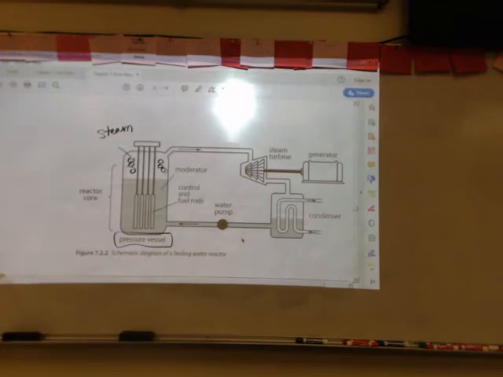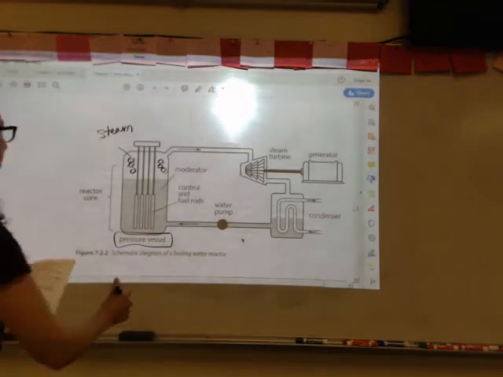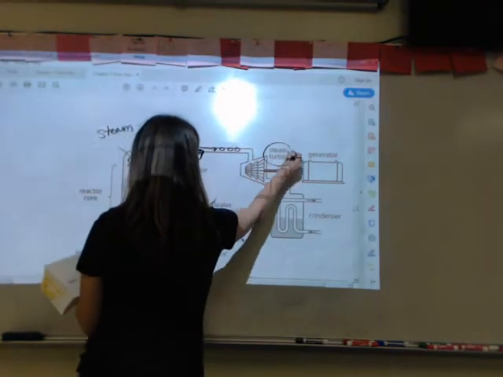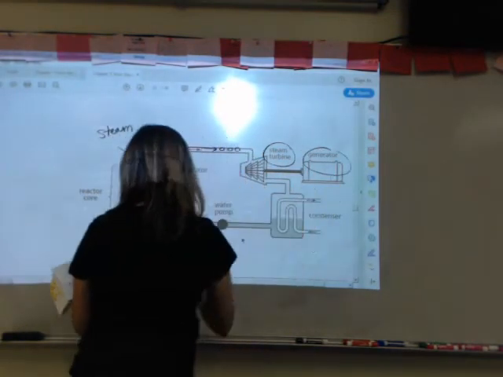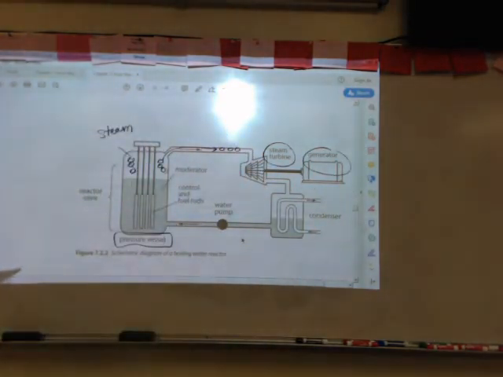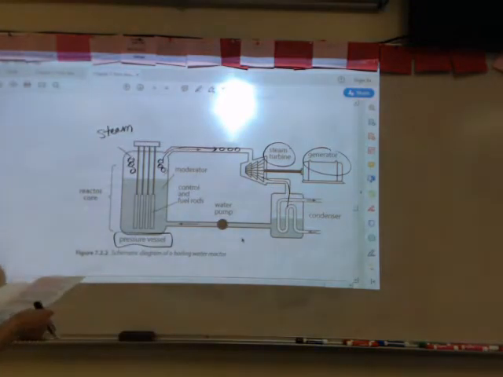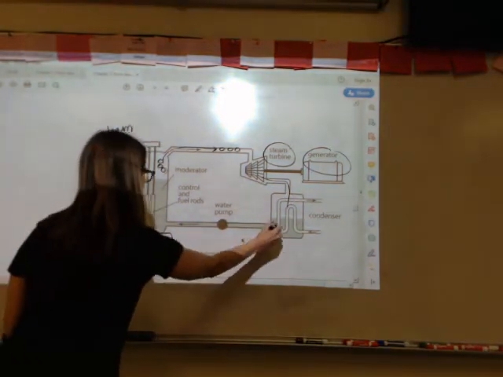And the steam is carried to the steam turbine, so it proceeds this way, and then to the generator that turns it. And the condenser cools the steam back into water, and the water is pumped back into the pressure vessel through here.